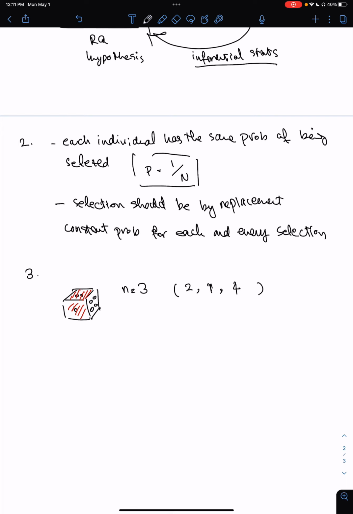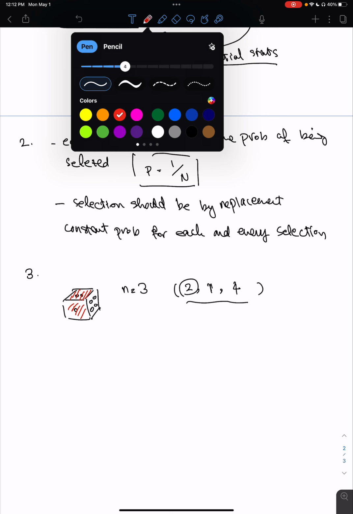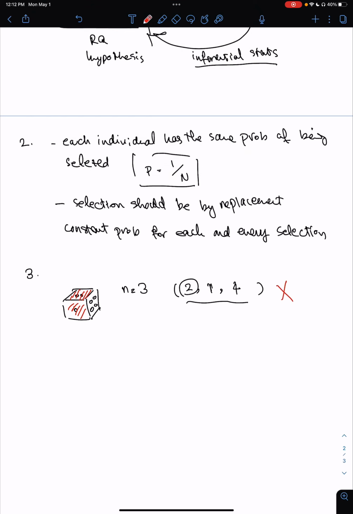This is without replacement, meaning that once you roll two, you don't put it back in the population to be selected again, which is the wrong way to do the sampling. The right way is that once you roll two, you keep two in the sample, so you have the chance to roll two again.